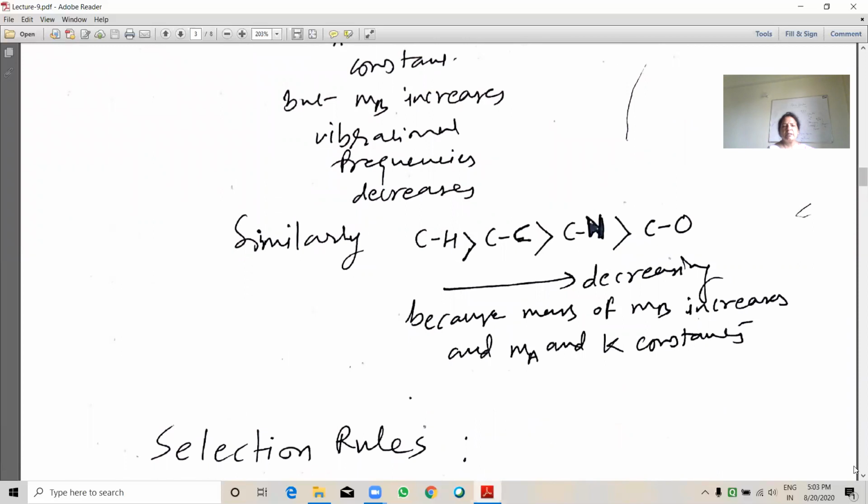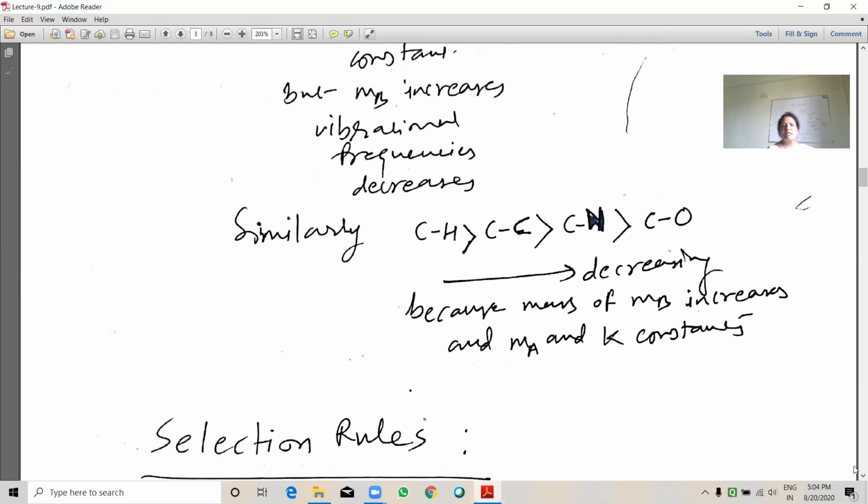Similarly, electronegativity is also responsible here. In this series, the mass of Mb is increasing, K is constant, and Ma, carbon, is constant. So the frequency will decrease.